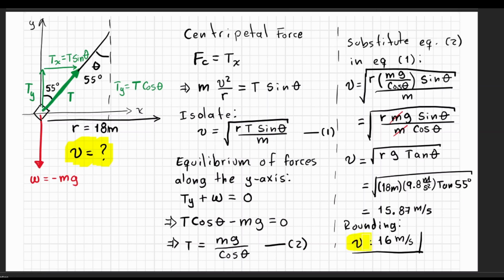So at this speed, the angle of tilt of the chains will be 55 degrees. If we increase the speed, the angle will increase and the radius of the trajectory will be larger, and the passengers might be at risk of collisions with external objects. And we are done with this problem.